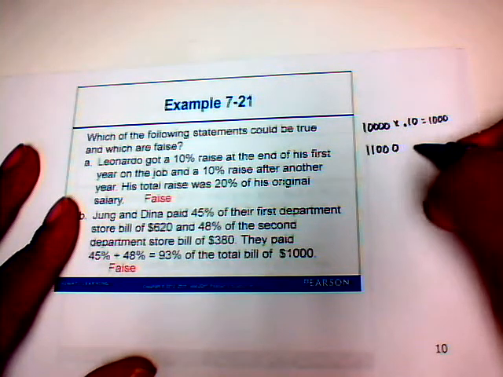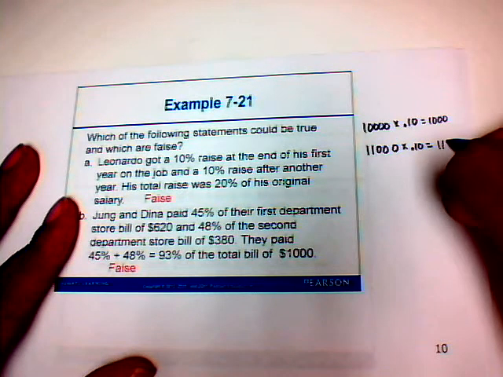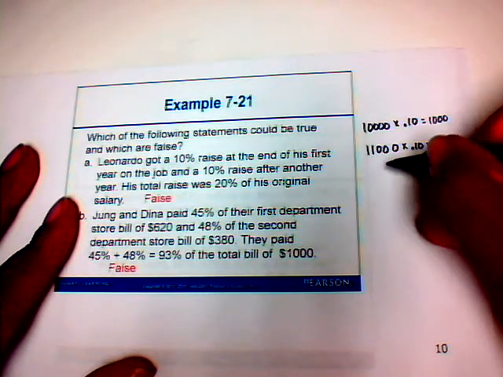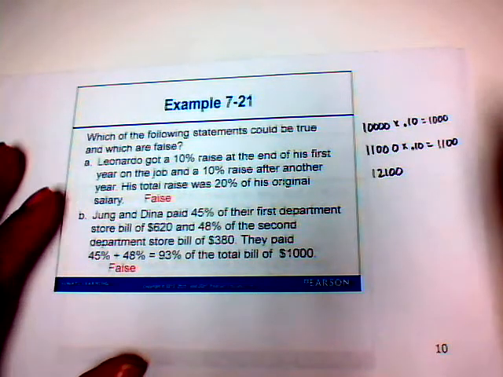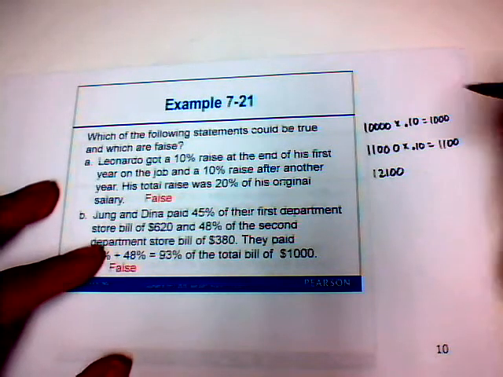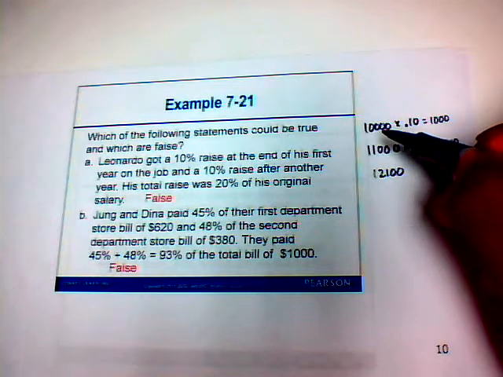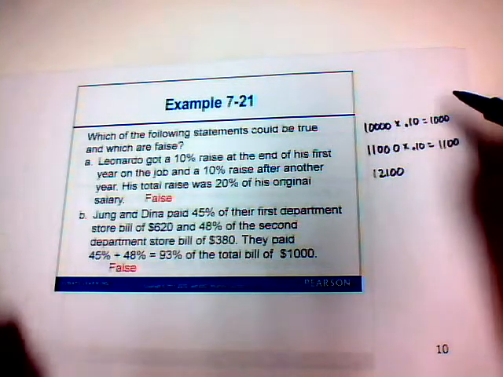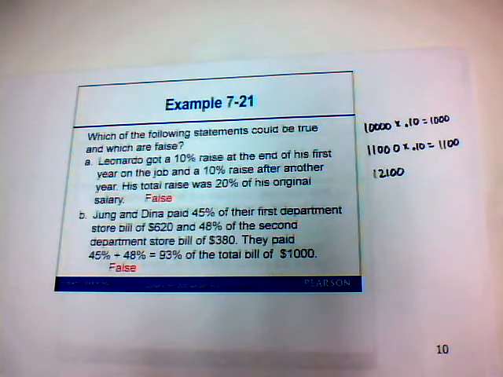And then he got another 10%, which I'm going to say in this case $1,100. Add that, that's going to be $12,100. So his total raise would not be 20% of his original salary, because his original salary would be $10,000 times 20% would only be $2,000. That means that his salary would be $12,000, which in this case is going to be false.